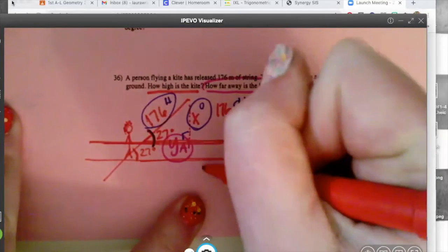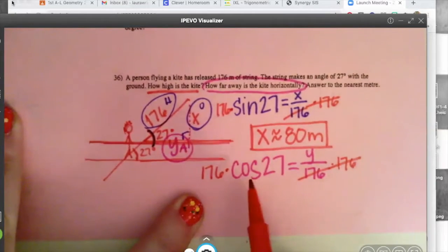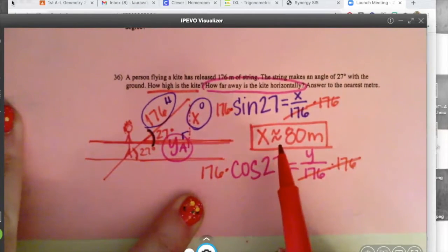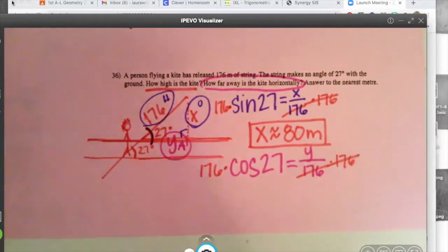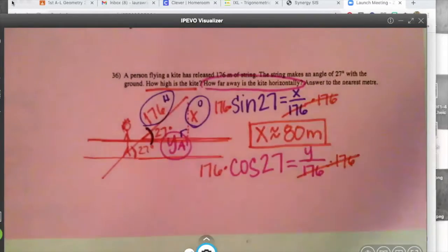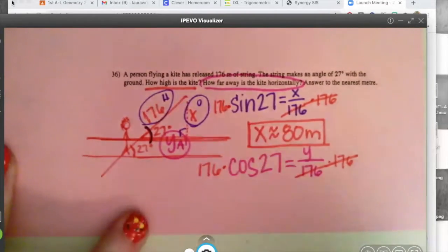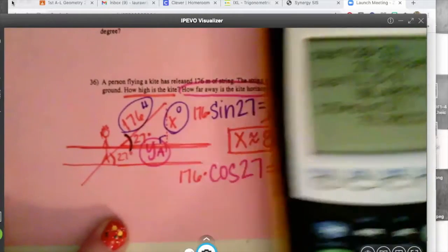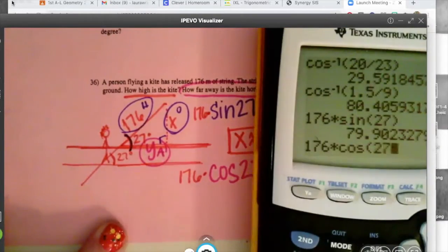It's also a little bit better to calculate it this way because it doesn't rely on using an approximated number, right? 80 degrees is not the precise number, but cosine of 27 is the precise number. So your answer is going to be a little bit more accurate because you didn't rely on a rounded calculation to find your next number. So that's why I didn't do that.